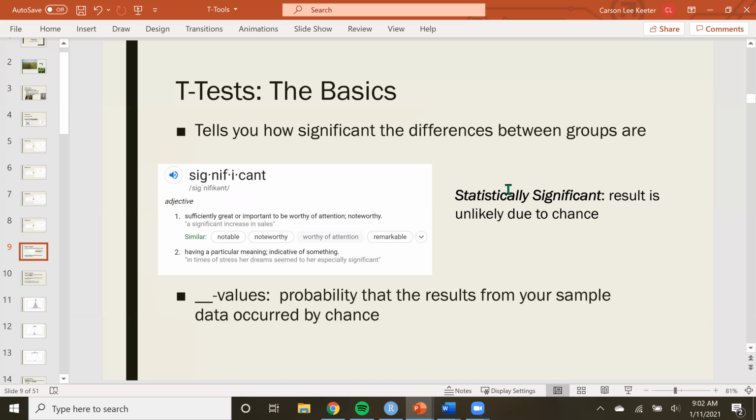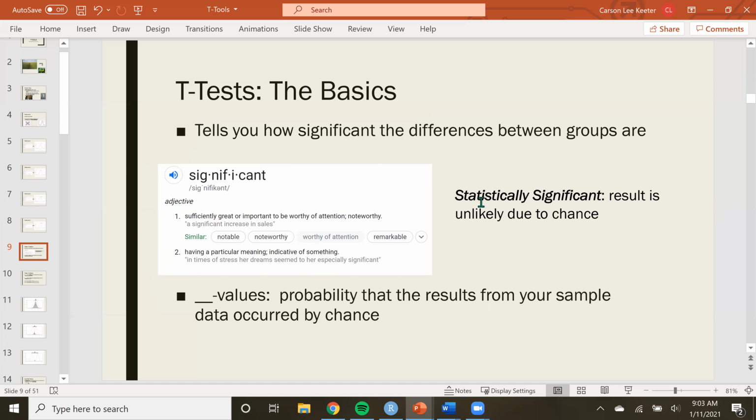So you can have a statistically significant result that is not practically significant, okay? The math is the math. The math is going to do whatever it's going to do. But whether we decide that it's practically significant, or at least in English terms significant, that's on us, okay? So these two ideas are totally different. Okay, now how do we quantify this statistical significance?